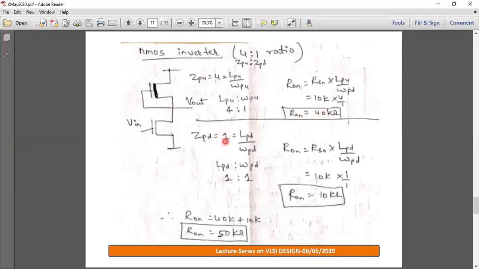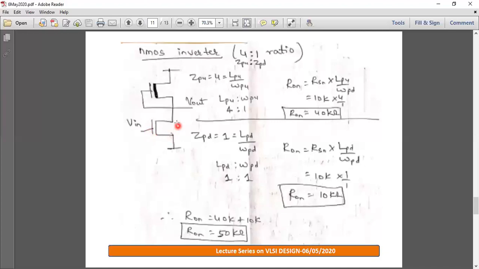Similarly, pull-down ratio is 1. So ZPD is 1. Z is nothing but L by W. L by W for pull-down is 1. Therefore, resistance offered by the pull-down device is sheet resistance of pull-down into L by W of pull-down.